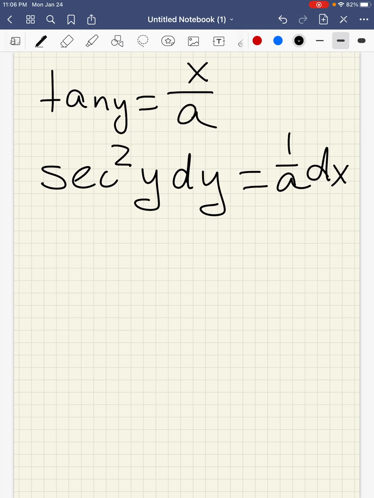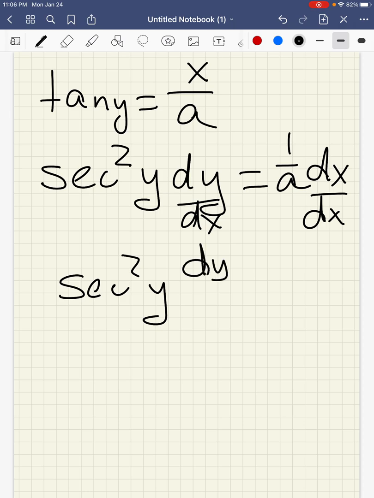So we're solving for dy dx, so we divide by dx on both sides, which gives us secant squared y dy dx is equal to 1 over a. And then we divide by secant squared y on both sides.